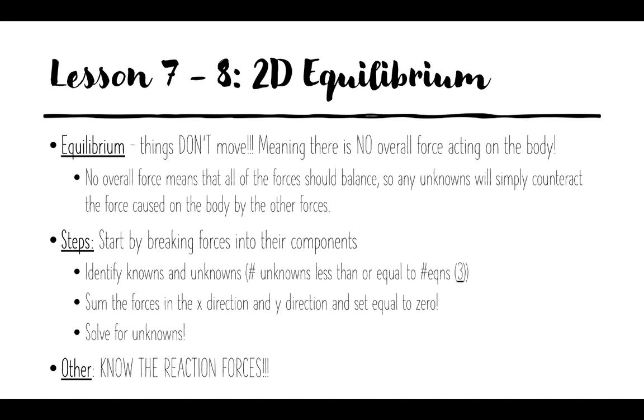The number of unknowns should be less than or equal to the number of equations you have. And in 2D equilibrium, you only have 3 equations: the sum of the forces in the x, the sum of the forces in the y, and then any kind of rotation, technically in the z, any kind of moment. So once you find your unknowns, you figure out what equations you have to use, right?